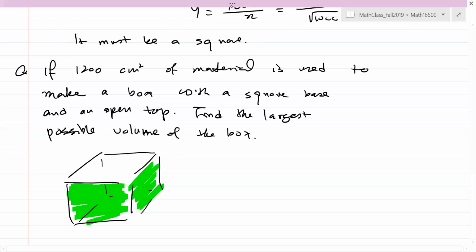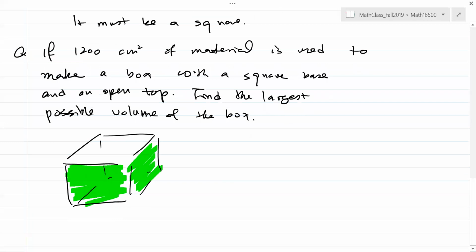So when you design the box, maybe it is a metal box, right? And the top is open. It's like some kind of container. So the cost of the material would be proportional to the surface area of the box.